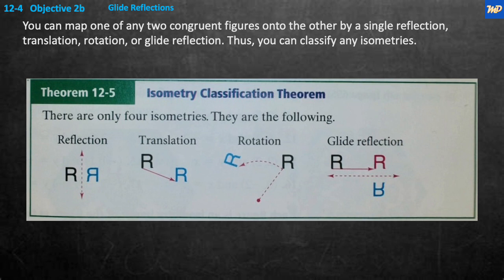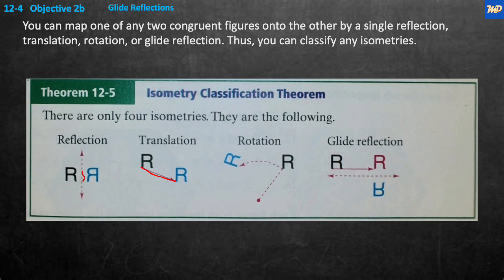They are the following. There's a reflection isometry, which is the one we're showing here where the line's in between them. We've got this line down the middle here, and you just take it, flip one over the other, like flipping a pancake across a line. And then there's a translation where this R moves along a straight path and the orientation of the R didn't change. It just slid from one direction to another.